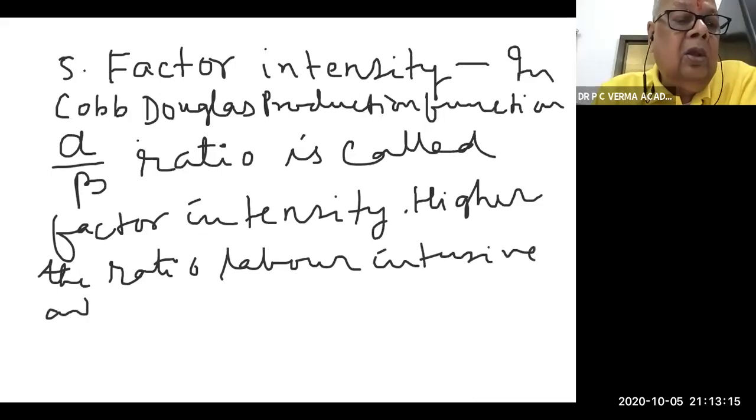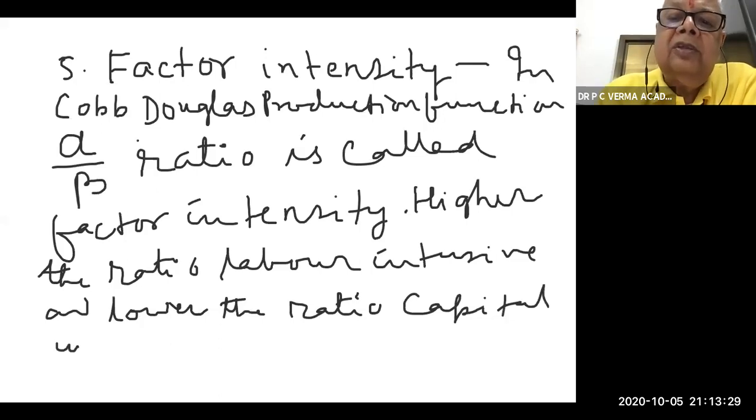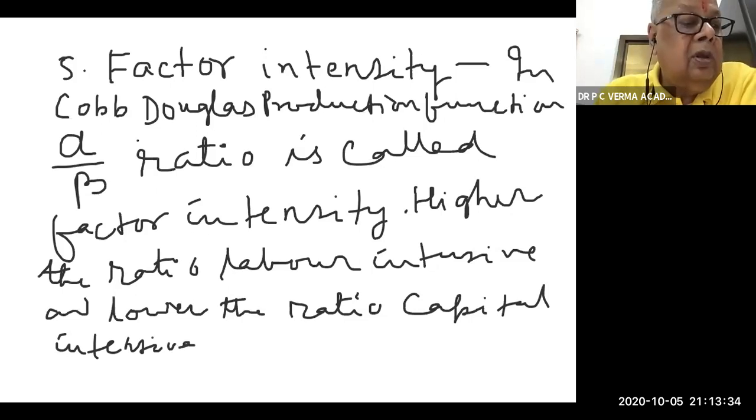And lower the ratio, capital intensive technique.